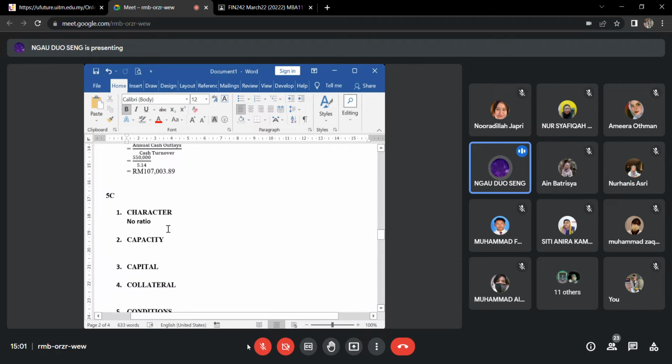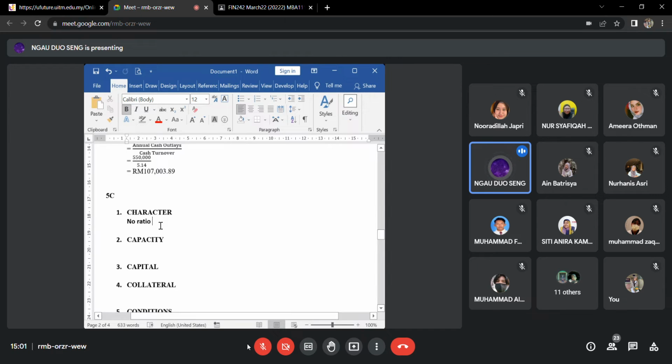So first time kita kena check dia punya characters. Dia macam orang juga kan. Sesetengah orang kan dia punya characters, dia ada duit tapi dia tak nak bayar. Characters dia macam tu. They have money but don't want to pay. So you check whether this company punya characters, normally the company they have good name, right?